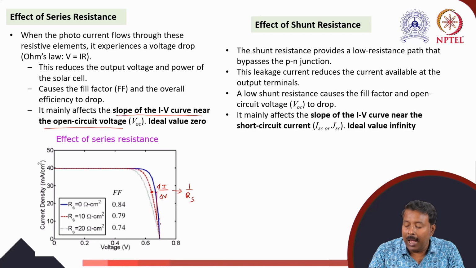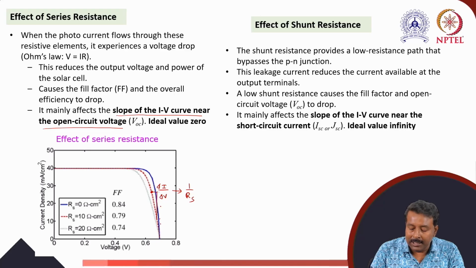So RSH mainly affects the current, and unlike the case of series resistance where the slope near the VOC is affected, in the case of shunt resistance it is expected that the slope near the ISC will be affected, and ultimately that will also result in a reduction of fill factor, but the nature of the curve will be different.